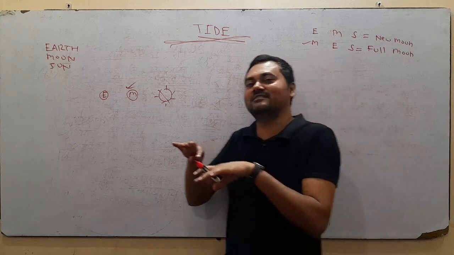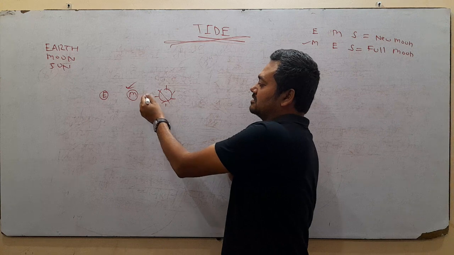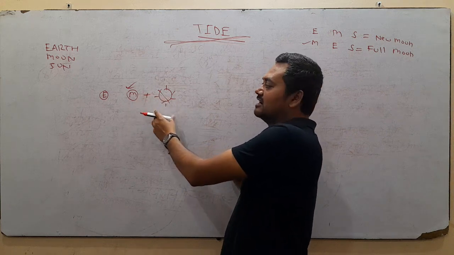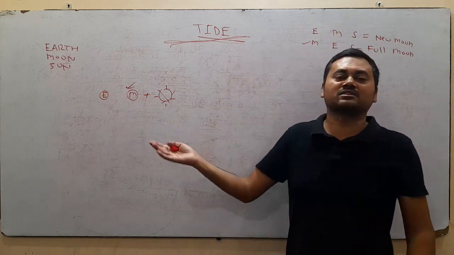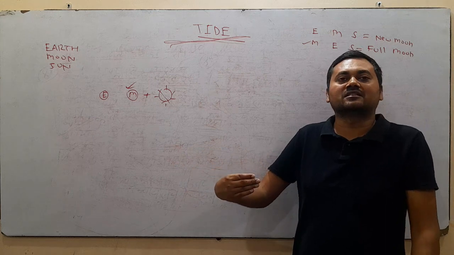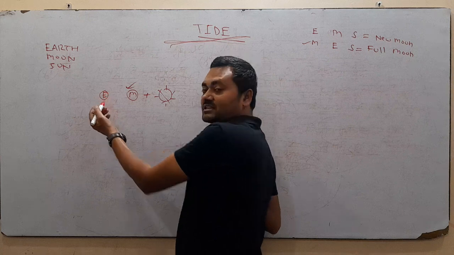So you can say unity is strength. Because the gravitational forces of the moon and the sun are getting added here, and this is the earth, and more than 75% of the earth is occupied by water. So the oceans are there.